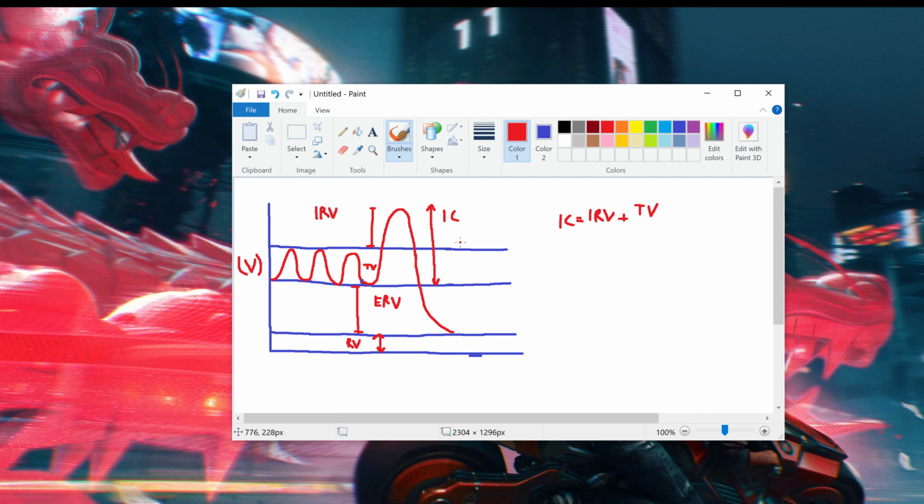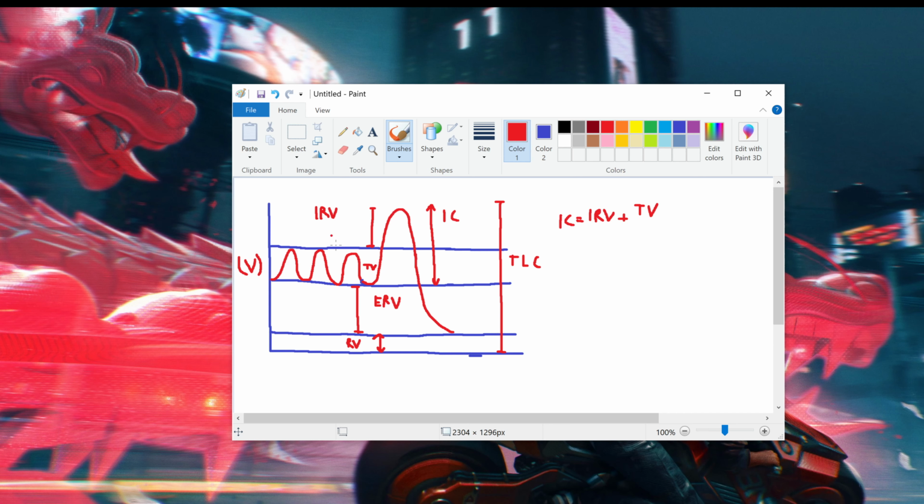Total lung capacity is a no-brainer here. It's from here to the absolute end of this. Total lung capacity is the sum of all the regular volumes. We don't count capacities in, but you can if you want to. It's the sum of all the four primary lung volumes.